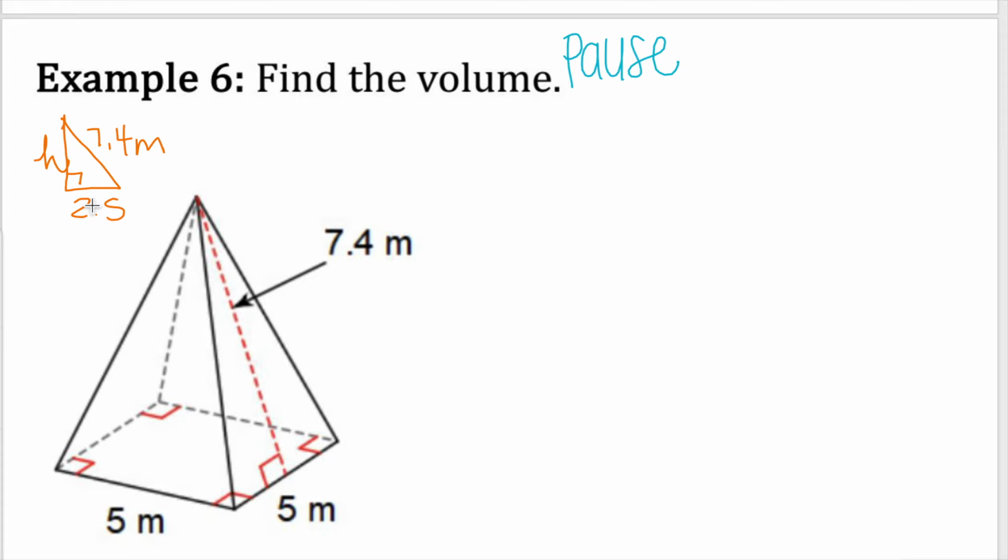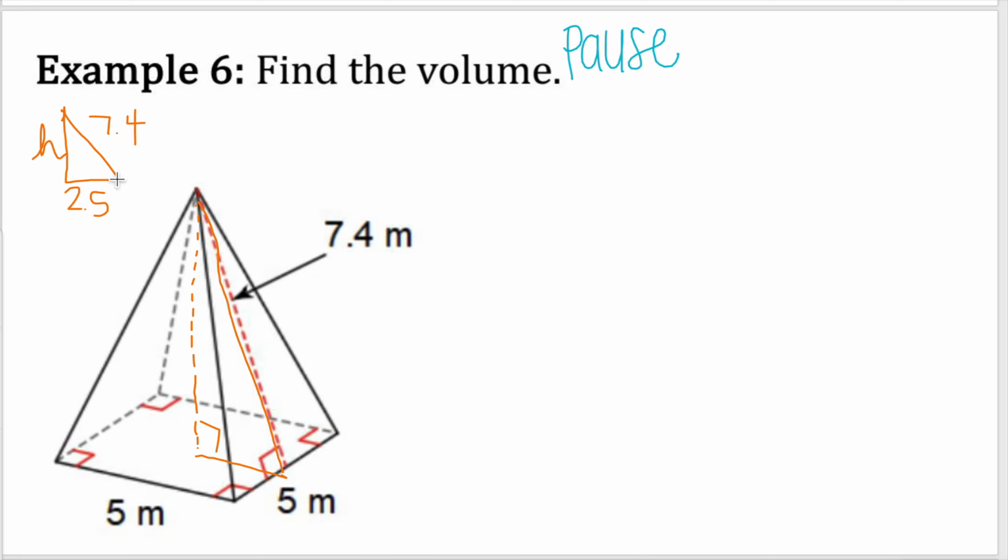But another thing I'm seeing here, though, is when we are looking at this front triangle, that 7.4 is showing this. So I really just need my true height. So again, thinking about my true height is here. So 2.5 again as that bottom, true height unknown, but my slant height being 7.4, okay?